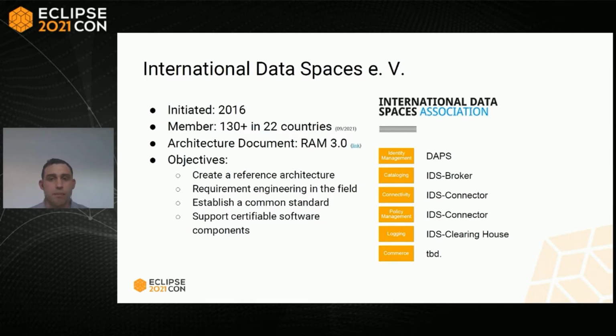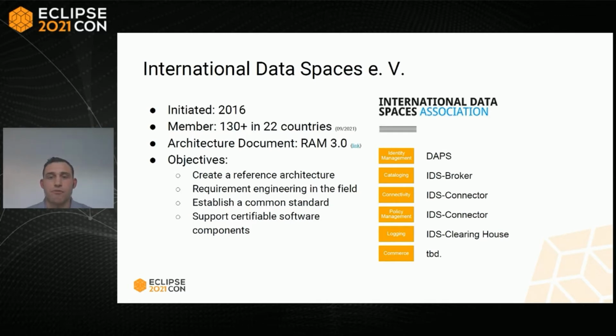On the right, you can see a comparison between the essential services that are identified for data spaces and components that are named in this reference architecture model, currently in version 3, with an iterative update.